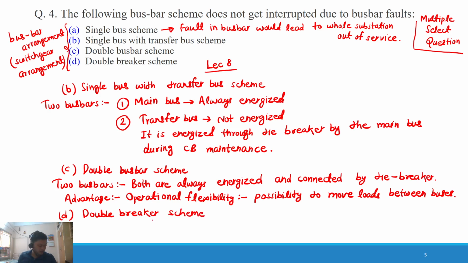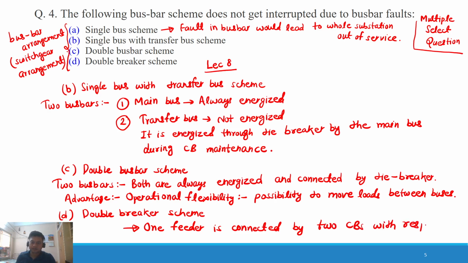So in this, one feeder is connected by two circuit breakers with respective bus bars.